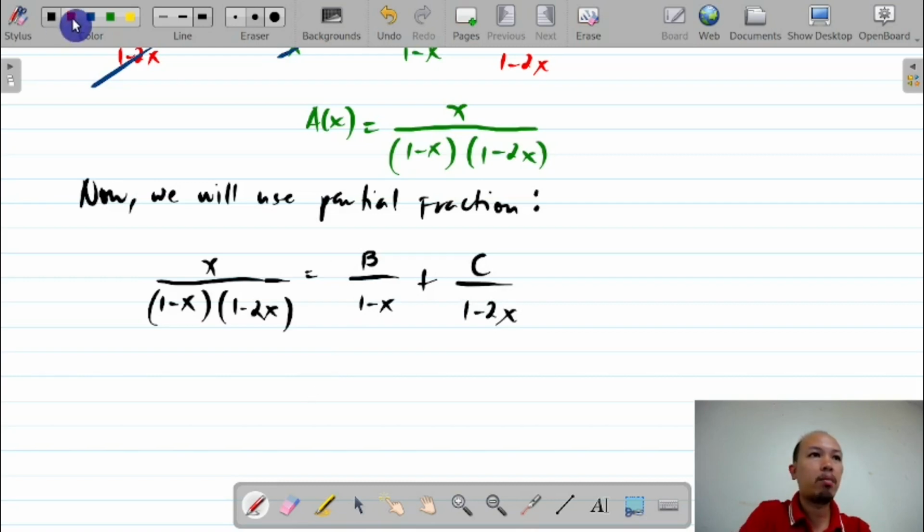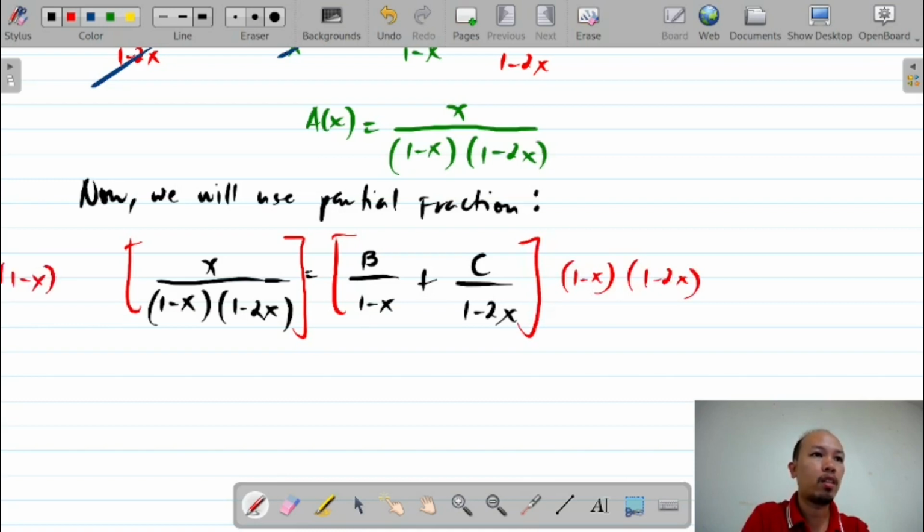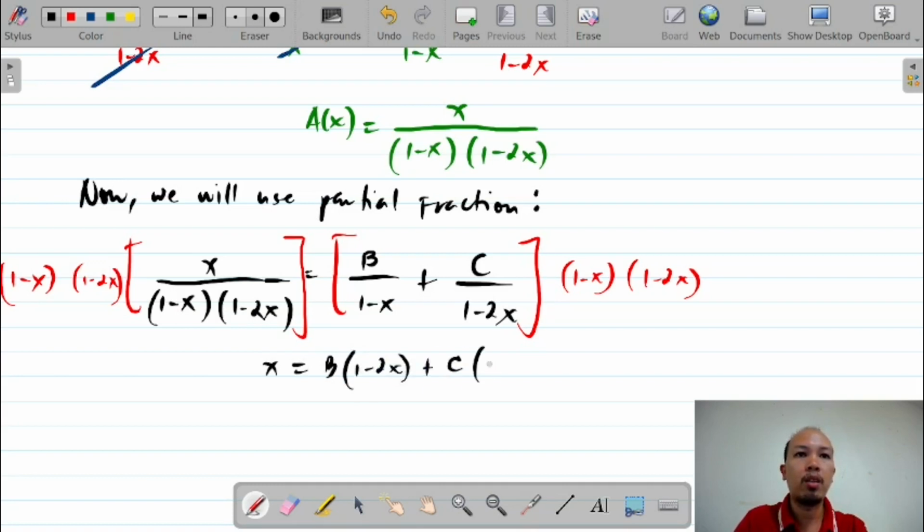So multiply both sides by 1 minus x, 1 minus 2x. Okay, so what remains here, we have x is equal to b times 1 minus 2x plus c times 1 minus x.